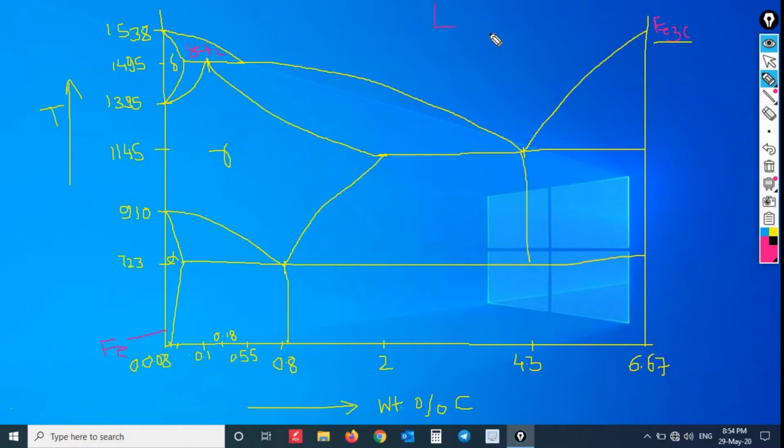Here is gamma and liquid. The region between liquid and gamma must be gamma plus liquid. Here there is total Fe3C. The region between liquid and Fe3C must be liquid plus Fe3C.